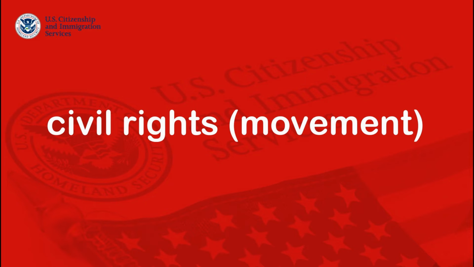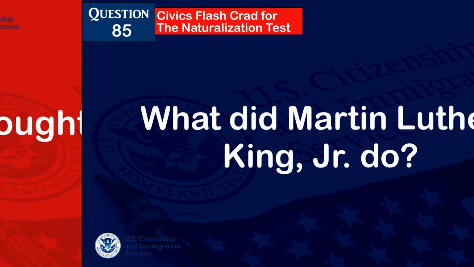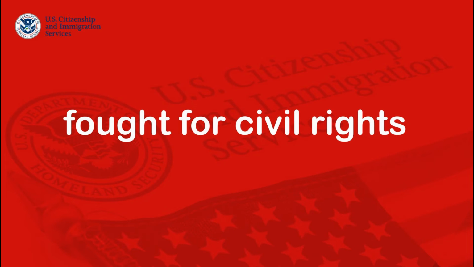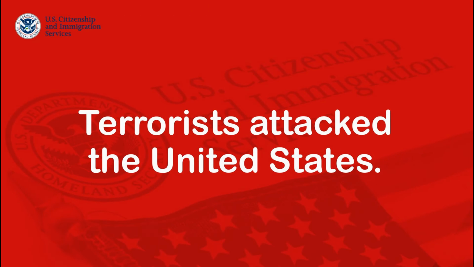Civil rights. What did Martin Luther King Jr. do? Fought for civil rights. What major event happened on September 11, 2001 in the United States? Terrorists attacked the United States.